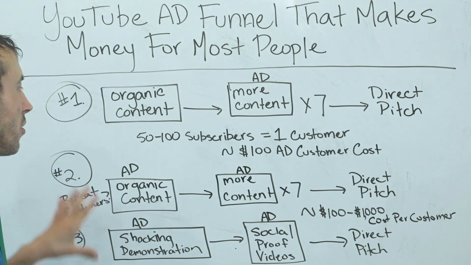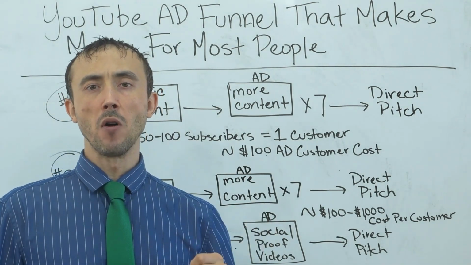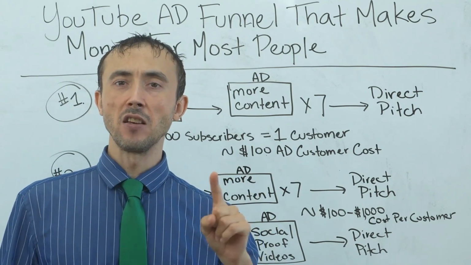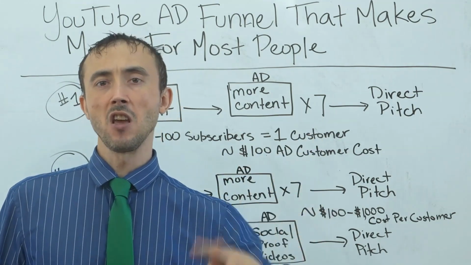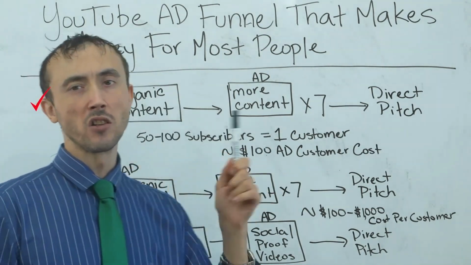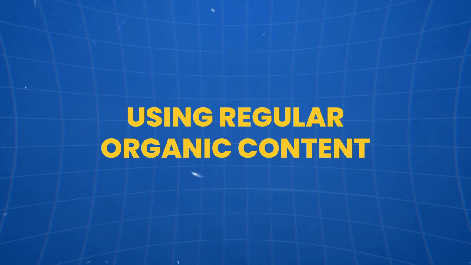With that said, of these three funnels, I have to say, first and foremost, that there is one funnel that works the best out of these three for all businesses if you can pull it off. That funnel is a funnel where you're going to start off using regular organic content on YouTube.